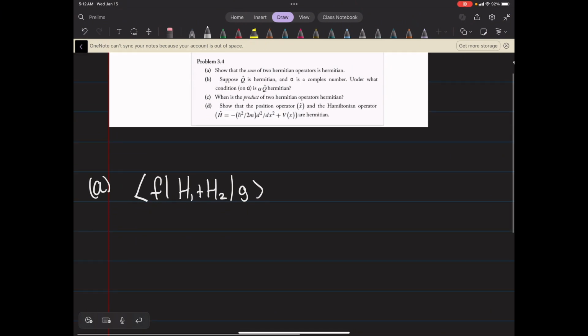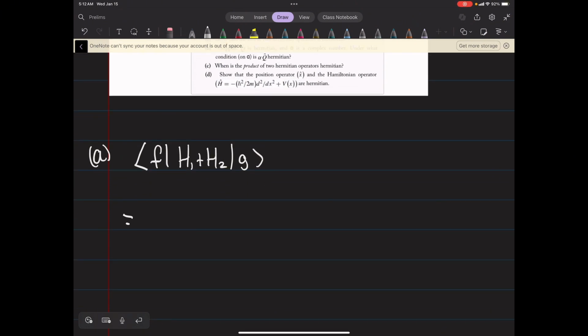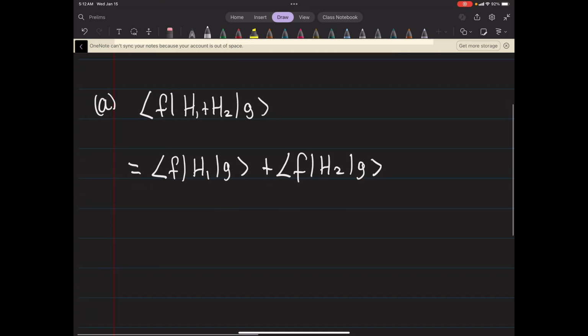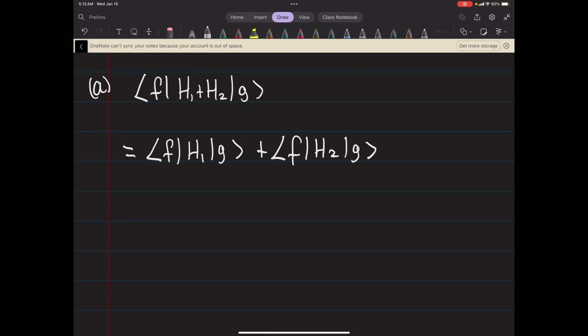So this can be expressed just like this. And H1 and H2 by themselves are both Hermitian, which means I can write it like this.